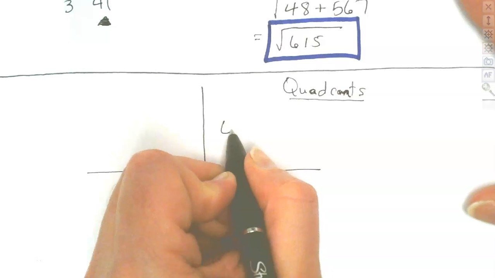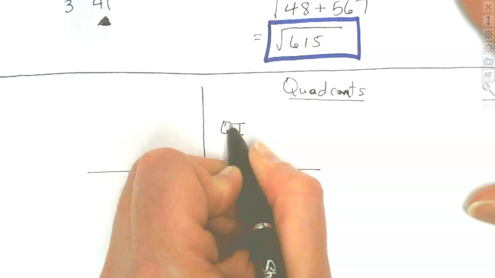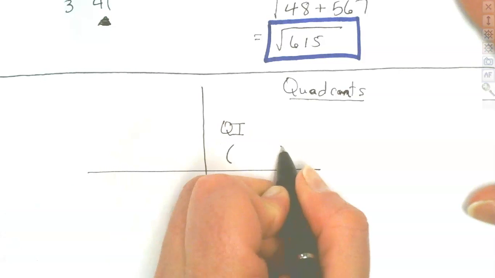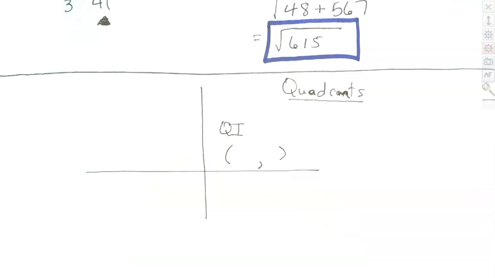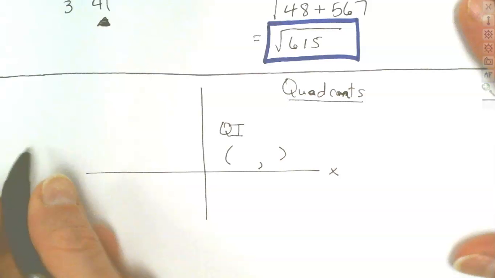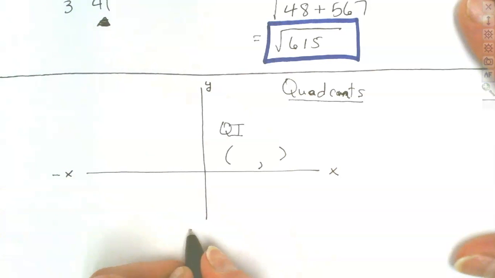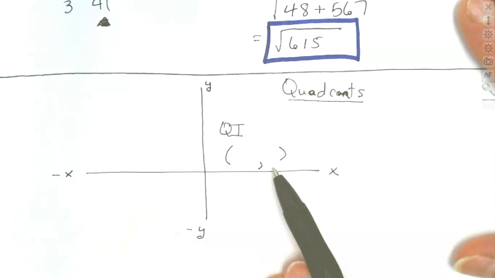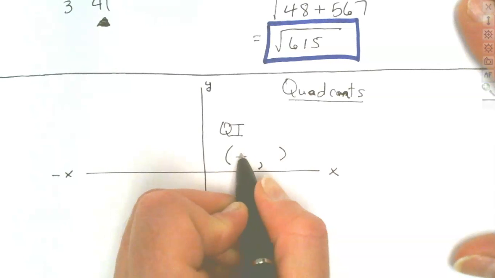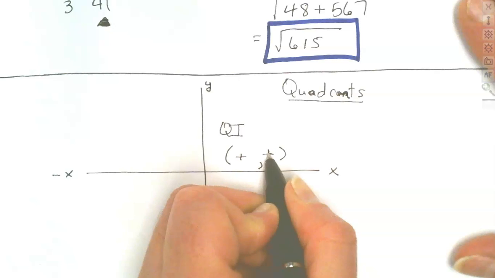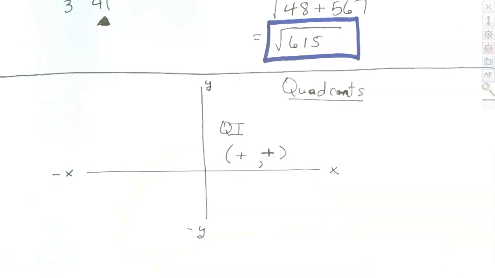So this again is our quadrant 1. Now, if I'm in quadrant 1, what are my signs going to be? Both positive, won't they? Right? Because this is positive x, negative x, positive y, negative y. So if I'm in quadrant 1, that tells me then both of those will be positive.